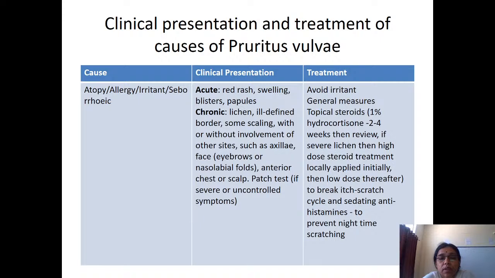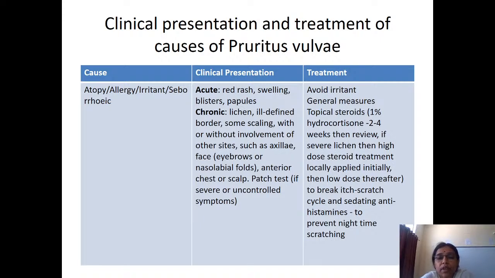And if it tends to be chronic, the lesion tends to be lichenified and it has an ill defined border, and some amount of scaling is seen, and other sites may be involved as well, especially the axilla, the eyebrows, sometimes even the nasolabial folds. In case of severe or uncontrolled symptoms, we usually go for a patch test.